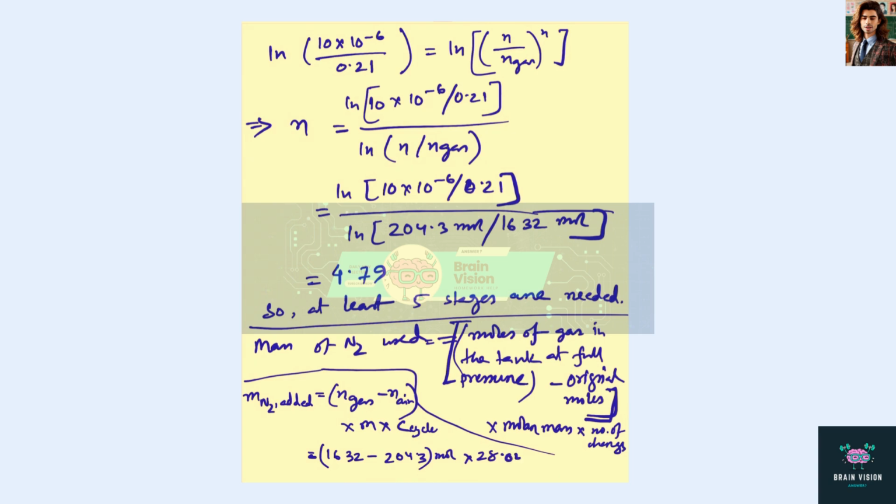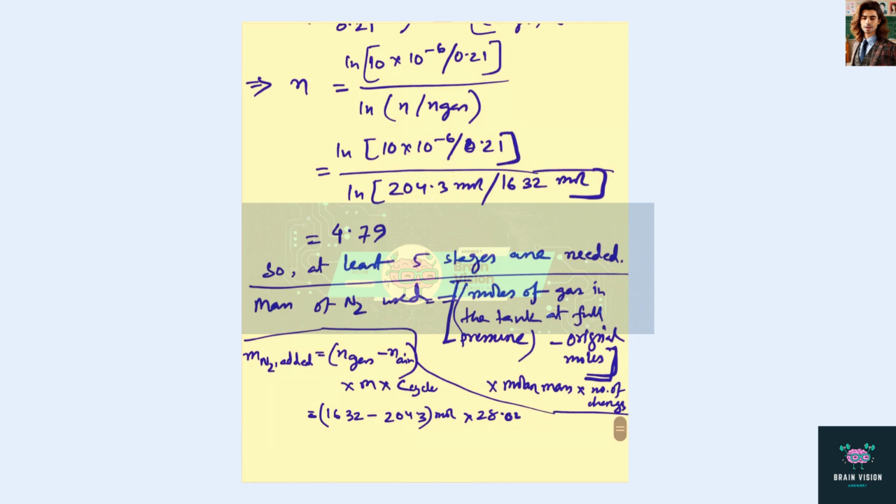Molar mass of nitrogen is 28.02 multiplied by 10 to the power minus 3 kg per mole, and the number of cycles is 5. Therefore, the mass of nitrogen is 200 kg.